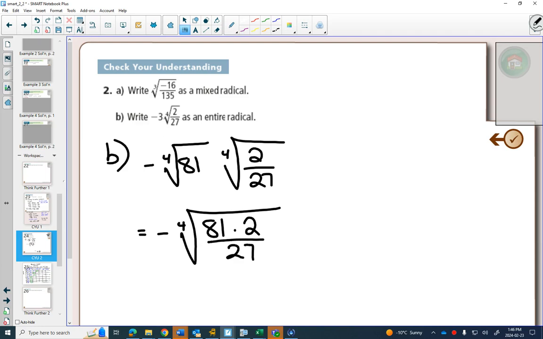You multiply the tops, you multiply the bottoms. And 81 divided by 27 works out perfectly to be 3. So I get negative the 4th root, 3 times 2 is just 6.